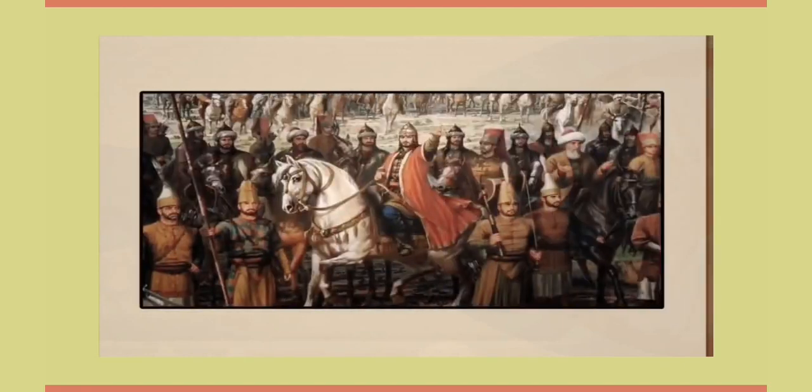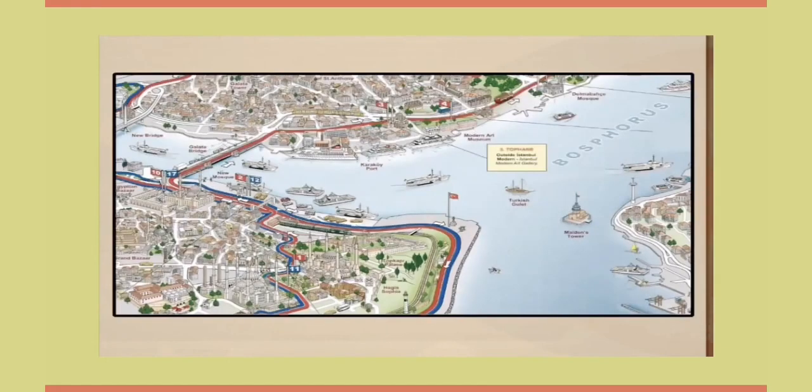Discovery of new sea routes. In the beginning of the chapter, we learned that Constantinople was captured by the Ottoman Turks. Constantinople lay on the overland trade route between the East and the West.